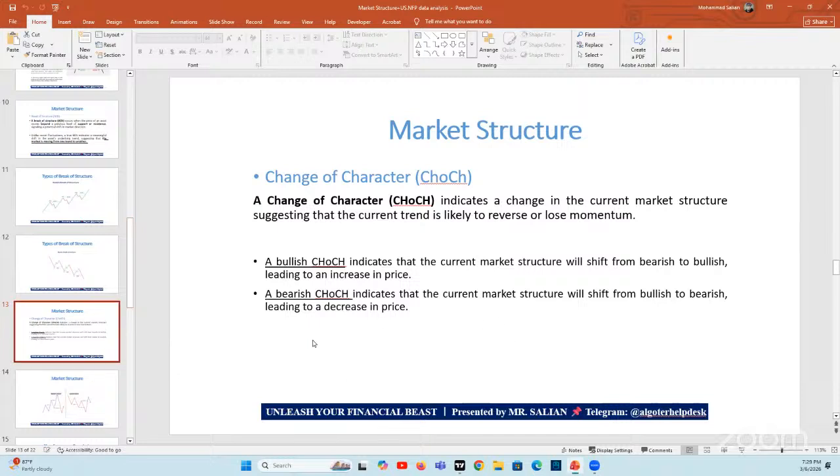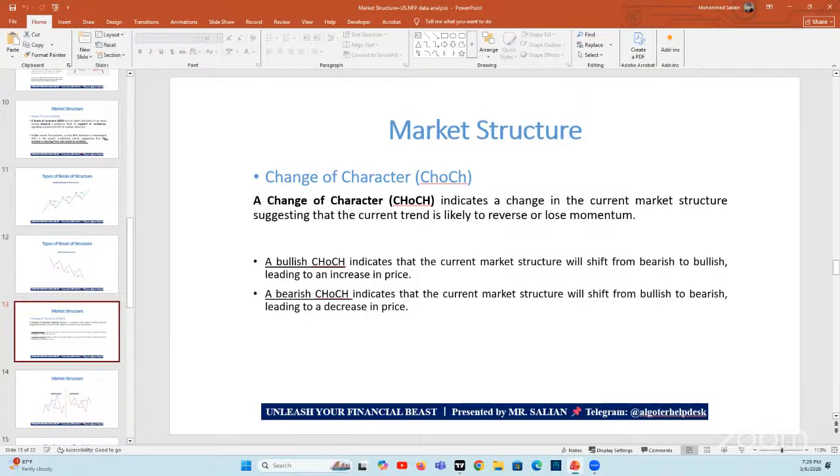Otherwise, you will never understand this concept. Change of trend, Charles. Yes, that is correct. It's changing from bullish to bearish or bearish to bullish.